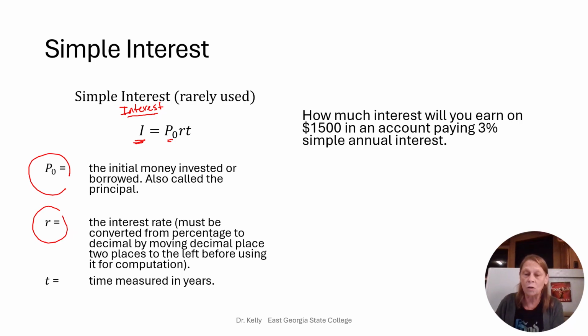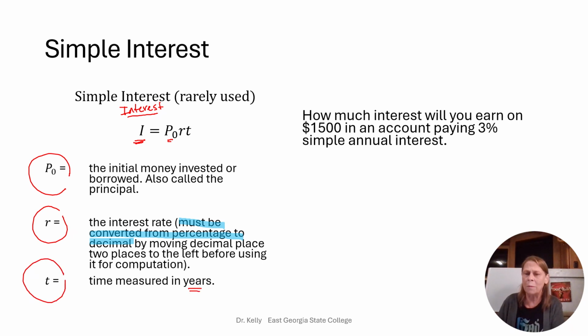R is the interest rate, and it is very important to note that the interest rate must be converted from percentage to decimal. Right? Remember I said in the last lecture that you can't do any computations whatsoever when it is still in that mode. You can't do any computations. And then T is time, and time is measured in years.